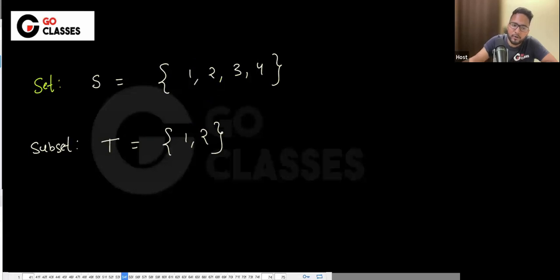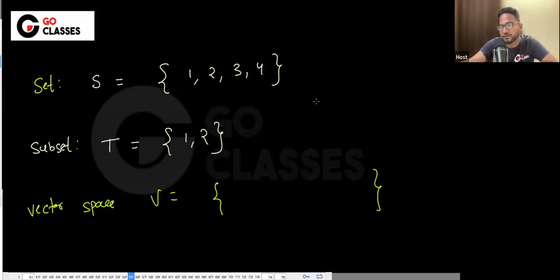Now, coming to the vector space, it is also a set, isn't it? So let's suppose there is a vector space, which is obviously a set, V equal to something. In the vector space, it has to be closed under multiplication, which means C times V must be in the vector space. So C may be 0 also. So the 0 vector is always part of a vector space.